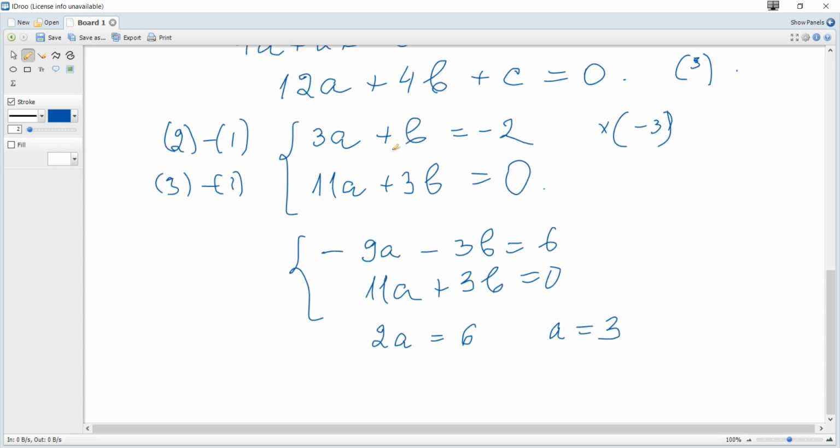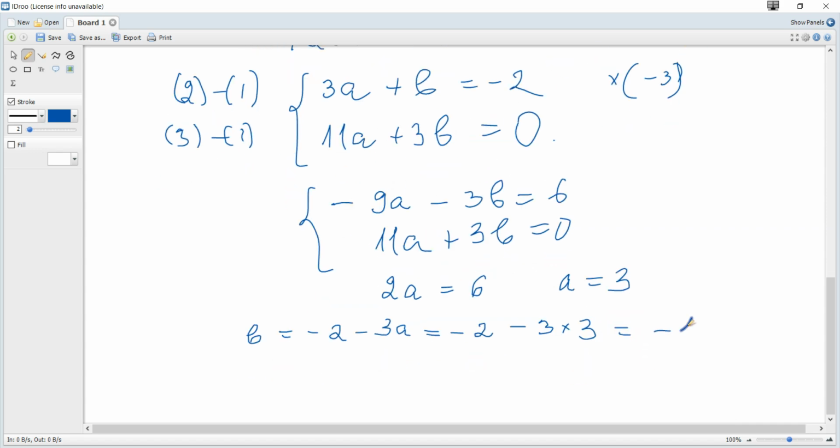Then from here, b is negative 2 minus 3a, which is negative 2 minus 3 times 3, and it's negative 11.